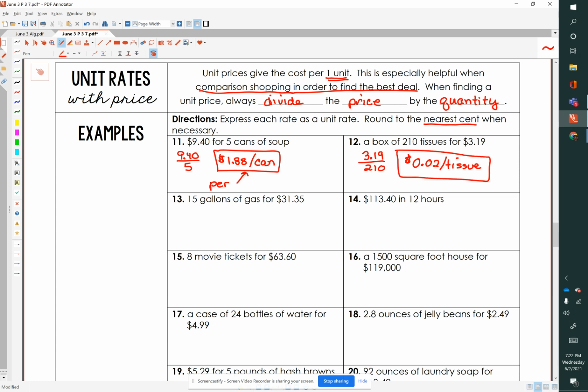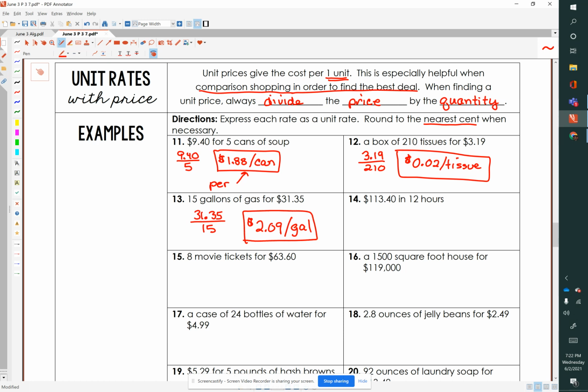Now, 15 gallons of gas for $31.35. We don't need the dollar sign in our math. So 31 point, we do need that decimal point, 35 divided by 15, and that would be $2.09. That's $2.09 per gallon.